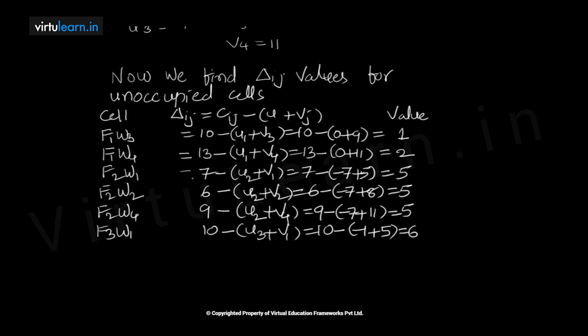So what we can conclude here is we have reached an optimal solution. That means the lowest cost which we have achieved through Vogel's approximation method, which was 955 rupees, is the lowest cost.